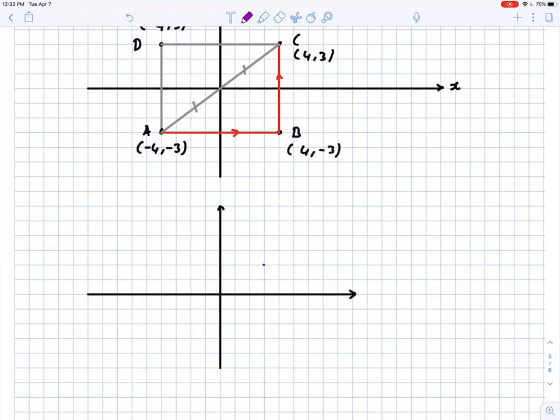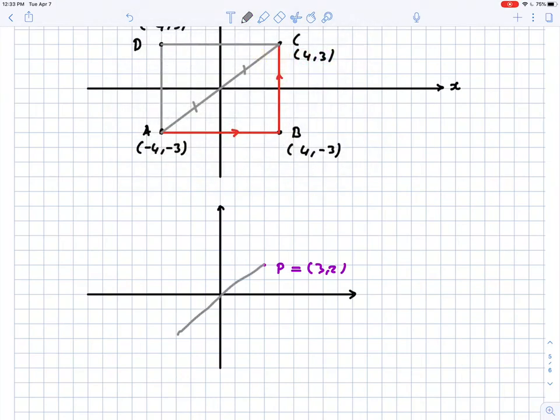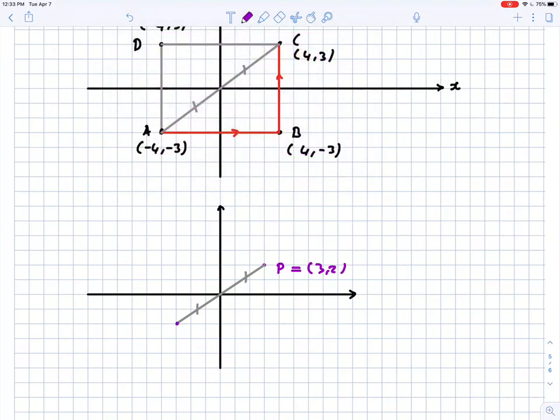Let's do it in purple for the hell of it. So this is P, which is equal to (3, 2). The reflection across the origin is this point, P prime. And what's that equal to? P prime is (-3, -2).